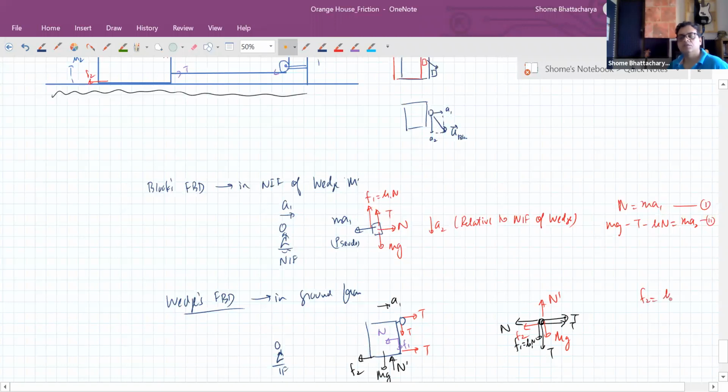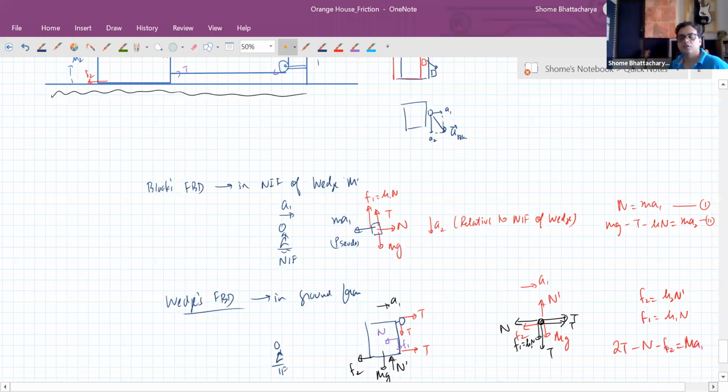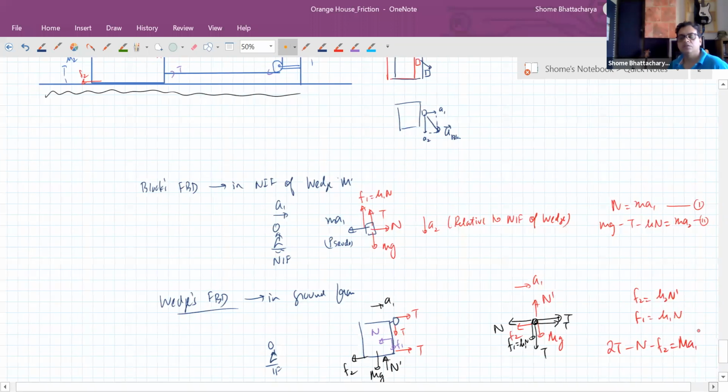So F2 is mu2 n prime, F1 is mu1 n, and it's having a horizontal acceleration a1. So the forces acting on it in the horizontal direction are 2T minus n minus F2 is equal to capital M a1. So this is your equation 3.